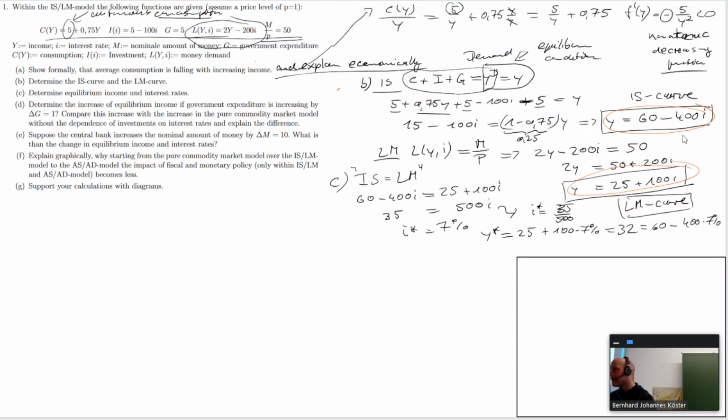Please equate these equations and calculate interest rates and income. And in my forecast, in 1 or 2 years, this is possible.